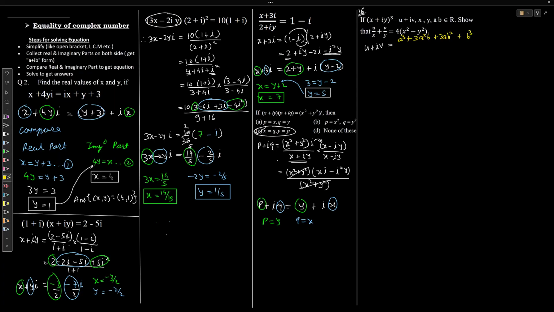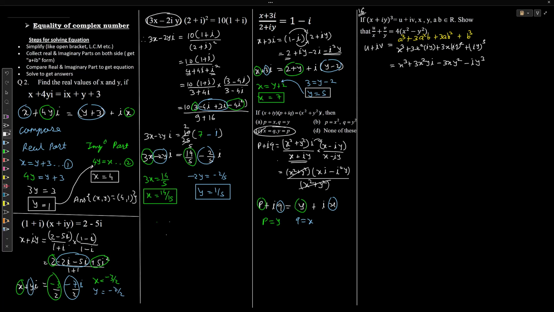Okay, so here we'll get x³ + 3 times x² iy + 3x i²y² + i³y³. So x³ + 3x²yi, and i² will be -1, so -3xy², and -iy³. i³ has value -i, right?